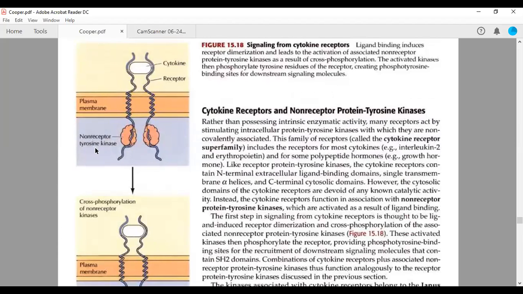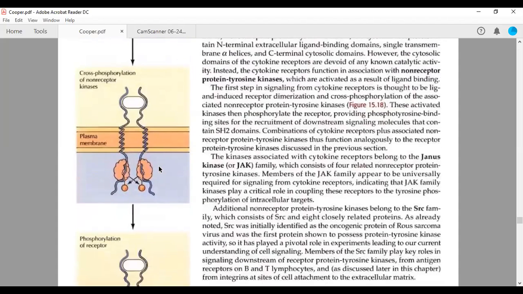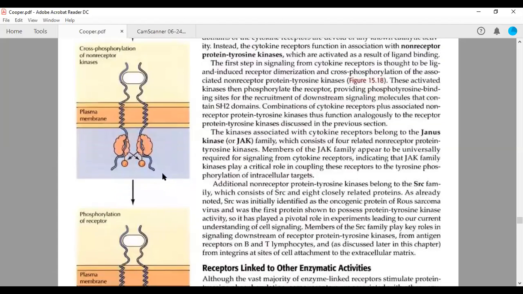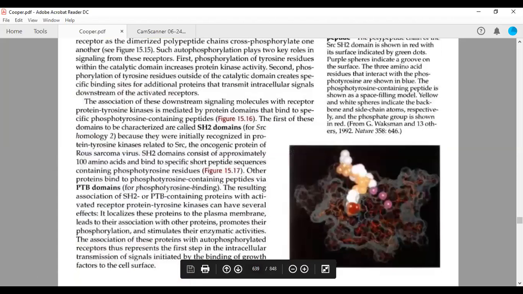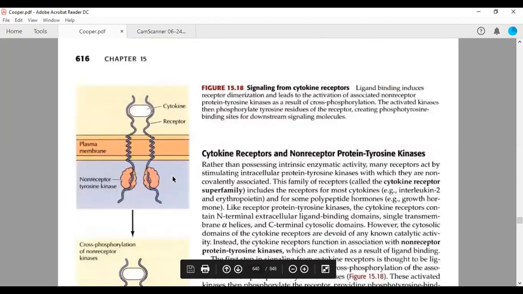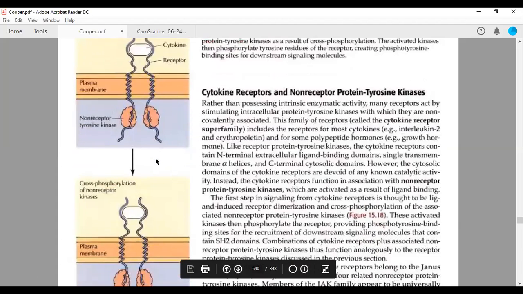These are called non-receptor tyrosine kinases, which will help in phosphorylating and creating the phosphotyrosine residue, so that SH2 containing proteins or PTB domain containing proteins, the downstream effector molecules, can bind to these phosphotyrosine residues.